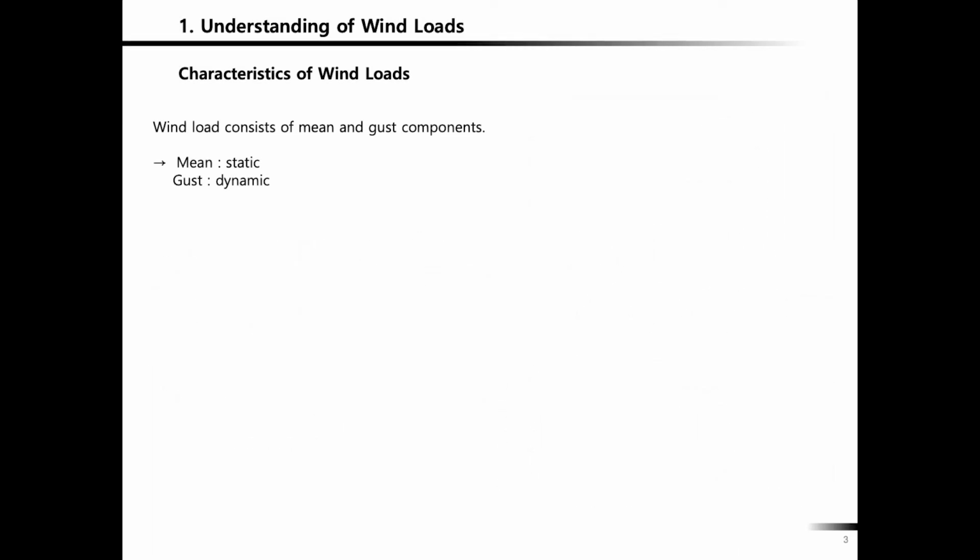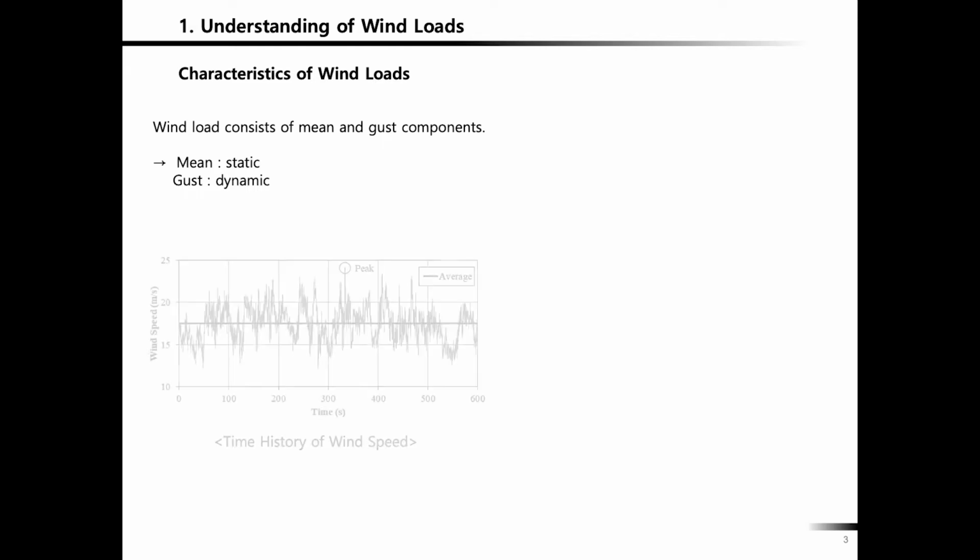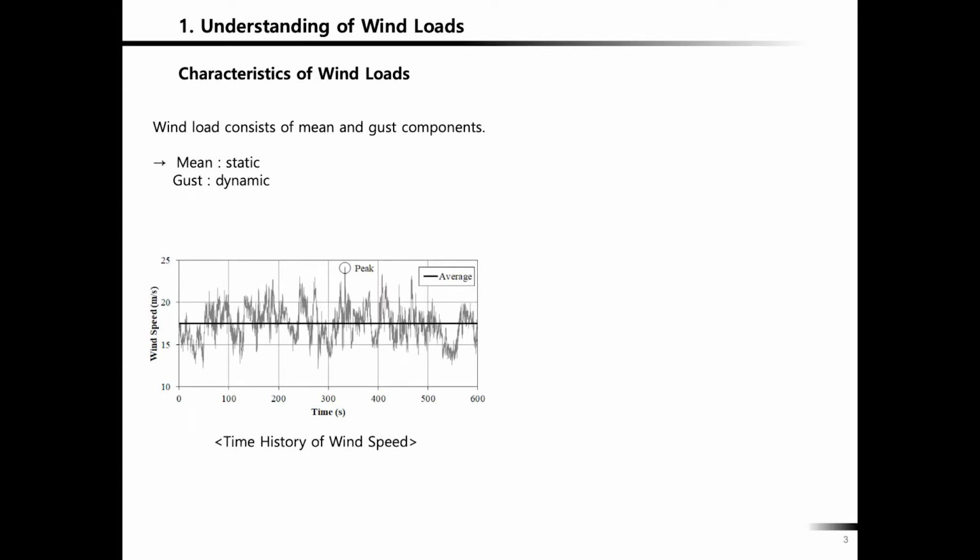So first, understanding of wind load, the characteristics of wind loads. Wind load consists of a mean and a gust component. When you see this time history of wind speed, the average of the wind speed for a certain duration, for example here, it's 10 minutes, 600 seconds, a 10-minute average, is represented by the black solid line, the mean.